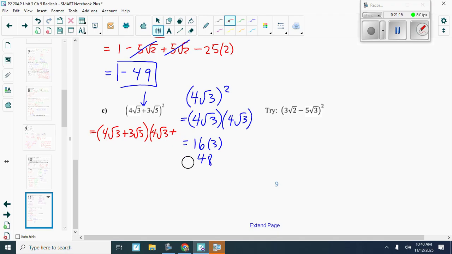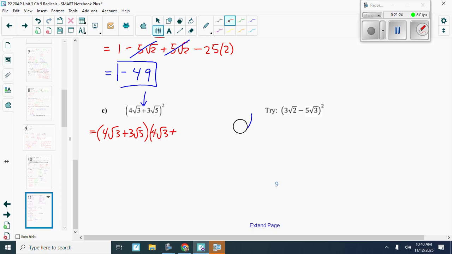I'm just going to make some room here. This is my example. Plus 3 root 5. So there's no getting around foiling.